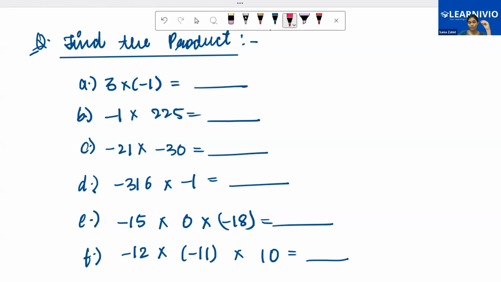You have to find the product. So you basically have to multiply all of them. There's a multiplication sign.